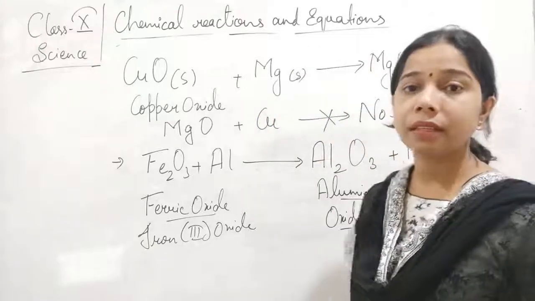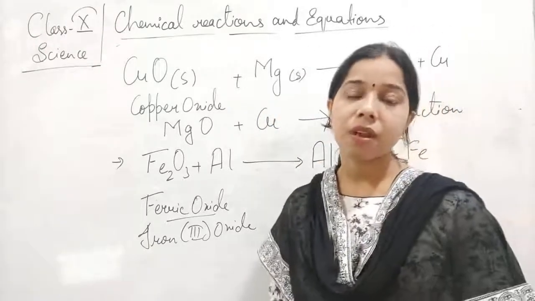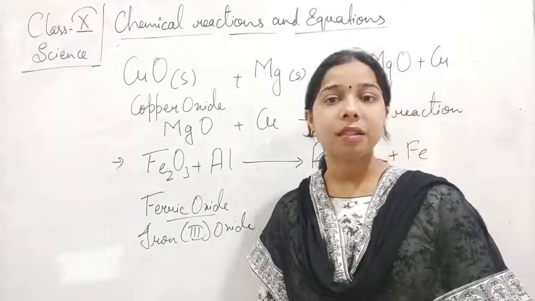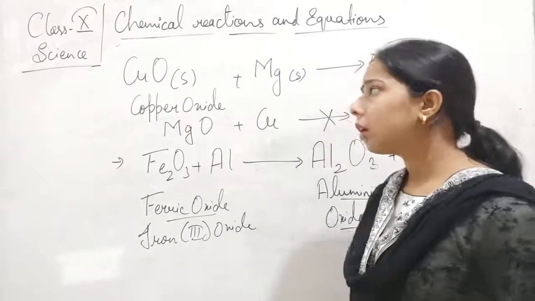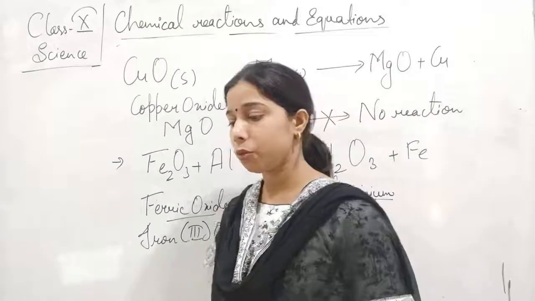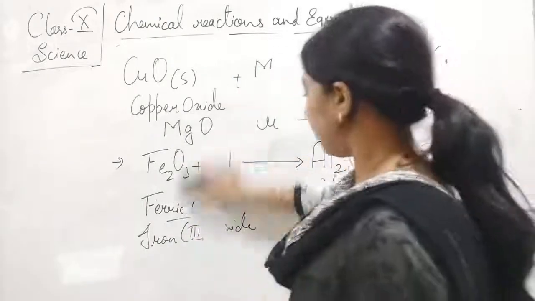Moving on, we will see the next type of reaction, and that is the double displacement reaction. Now you see here, before we go, let me tell you one more thing.